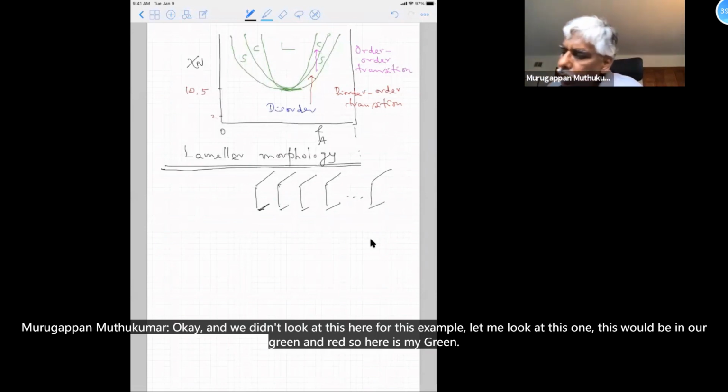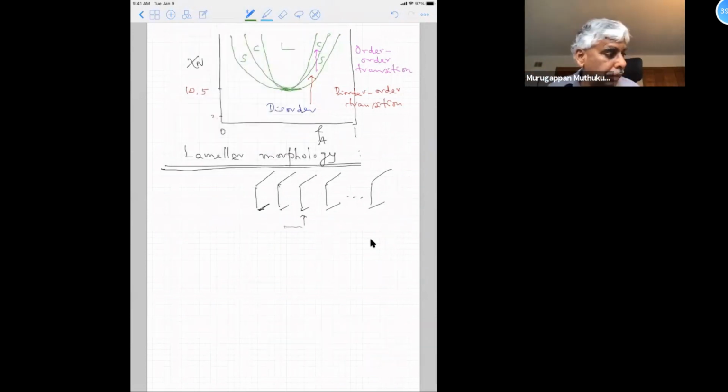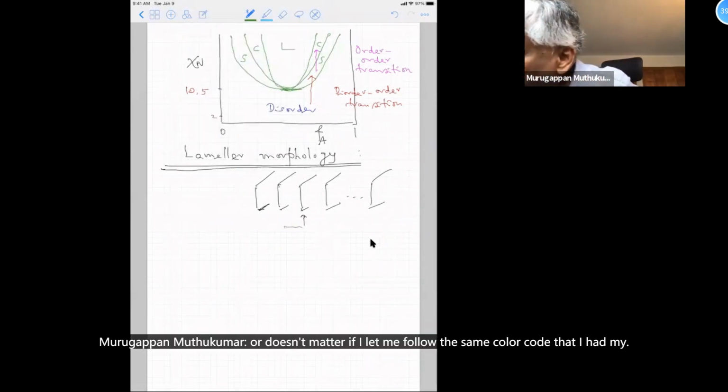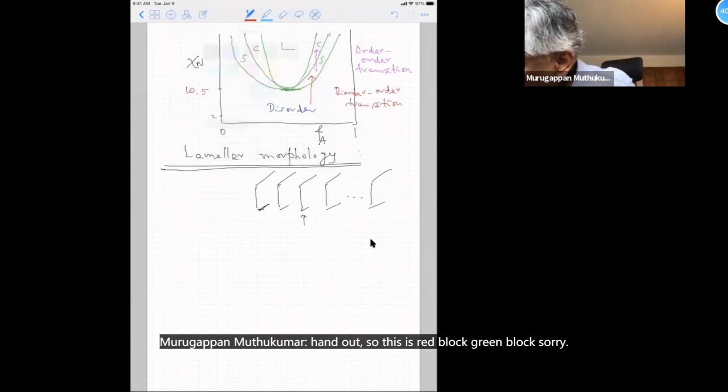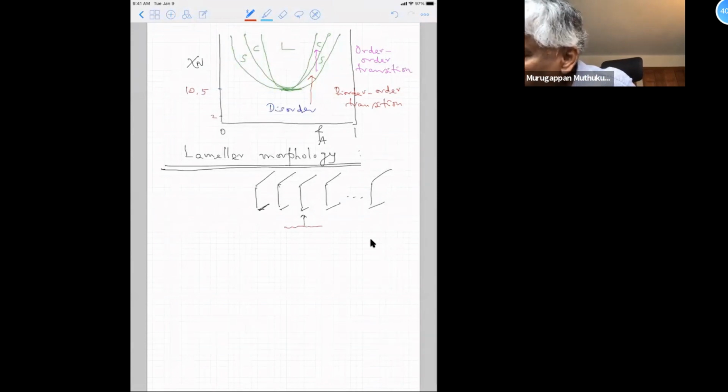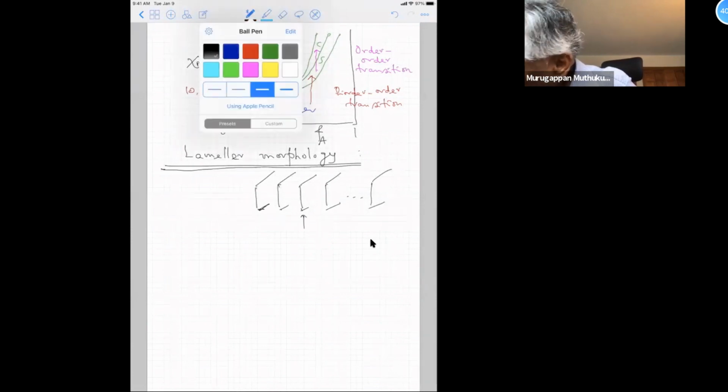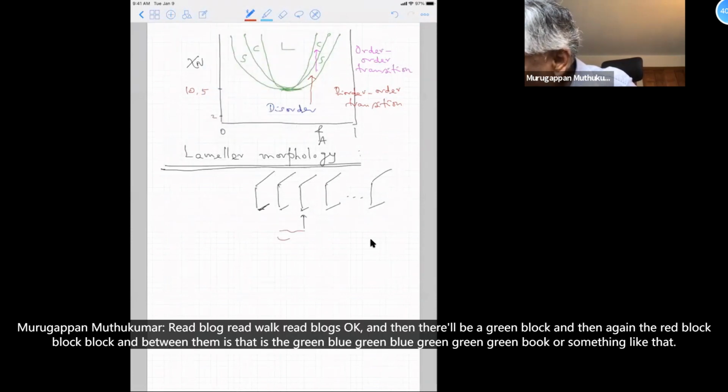And when I look at, say, for this example, this would be our green and red. So here is my green, or it doesn't matter. Let me follow the same color code that I have in my handout. So this is the red block, green block. Red block, red block, red block.